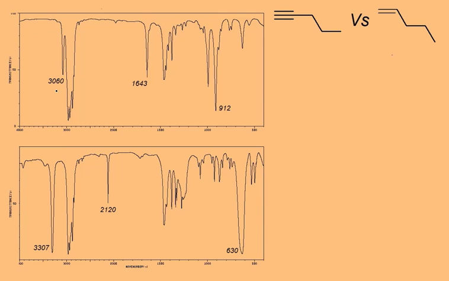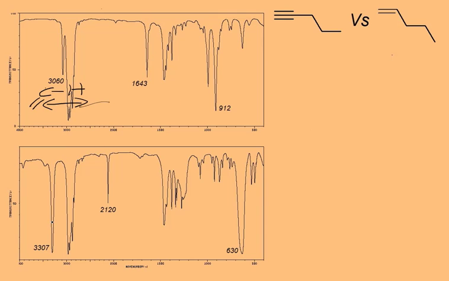And that's right in the range we expect for a carbon to hydrogen bond when the carbon is in a carbon to carbon double bond. So a carbon to hydrogen stretch for an alkene.